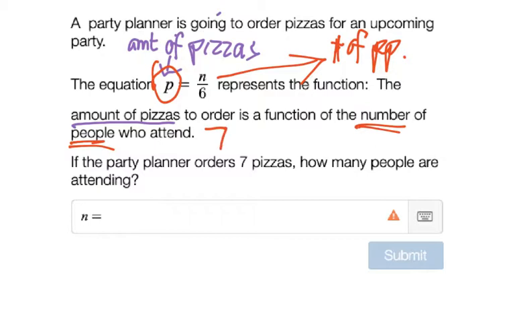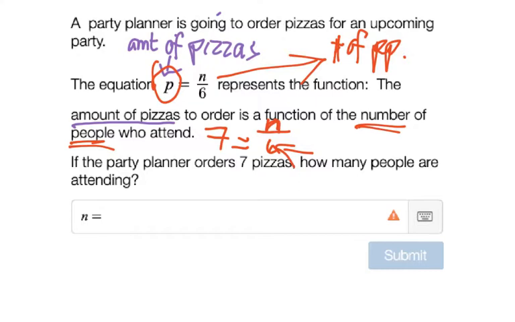So if I have 7 pizzas that I'm ordering, and this is the number of people, what is the 6 then? Well, the 6 is the number of slices I get. So, if I order 7 pizzas, how many people are attending?